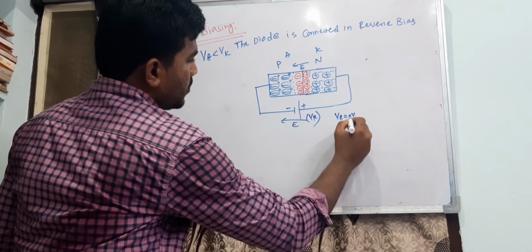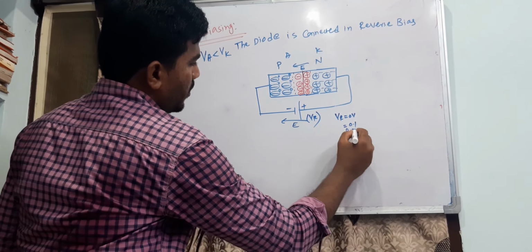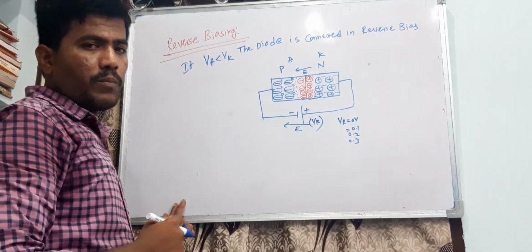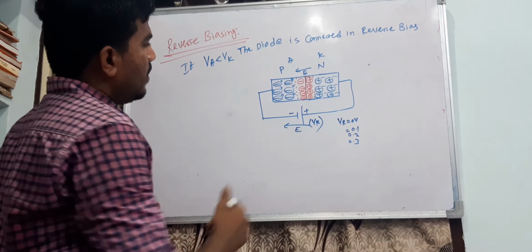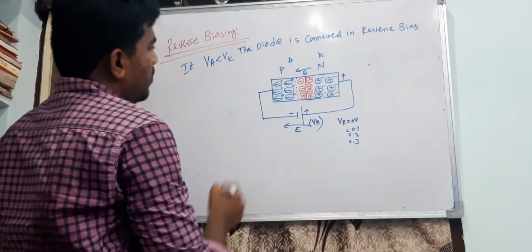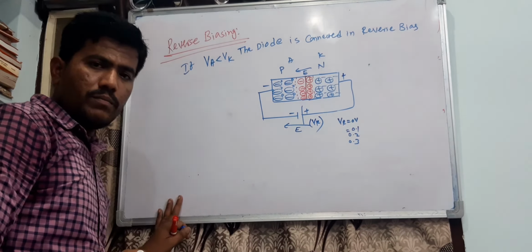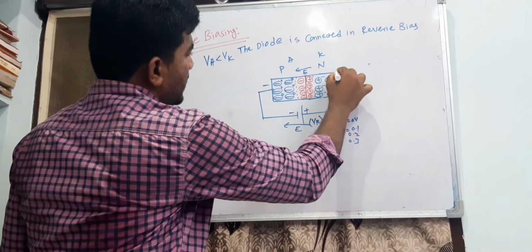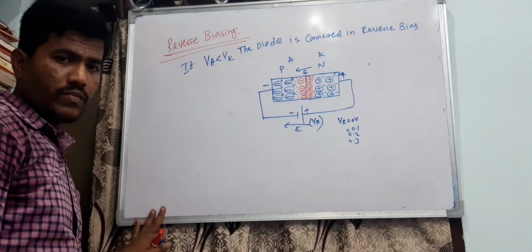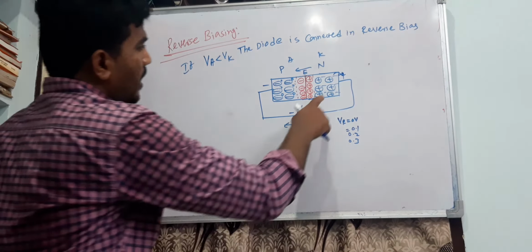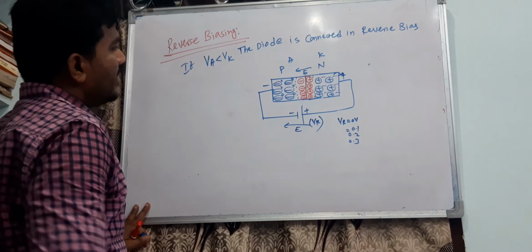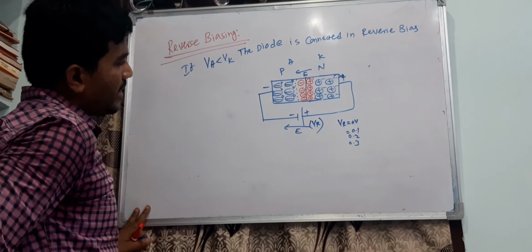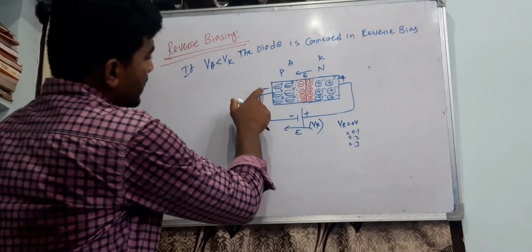If I increase this voltage to 0.1 volt, 0.2 volt, 0.3 volt, exactly the opposite operation goes on. Here I am applying a positive terminal, and here a negative terminal. The positive terminal attracts the electrons, and the negative terminal attracts the holes.